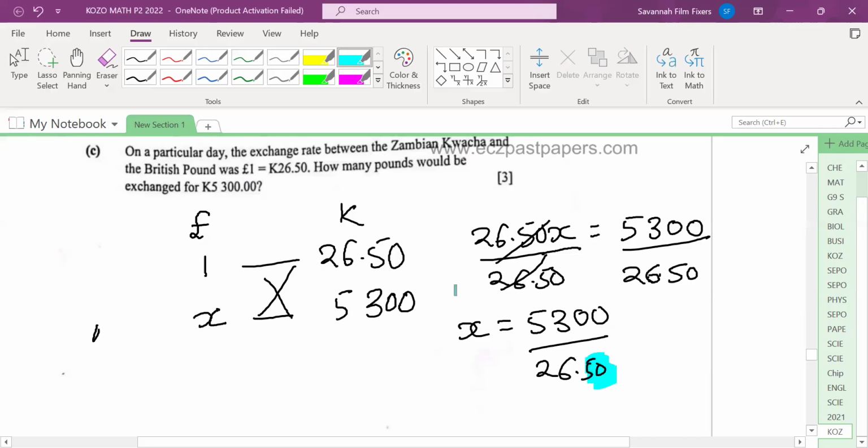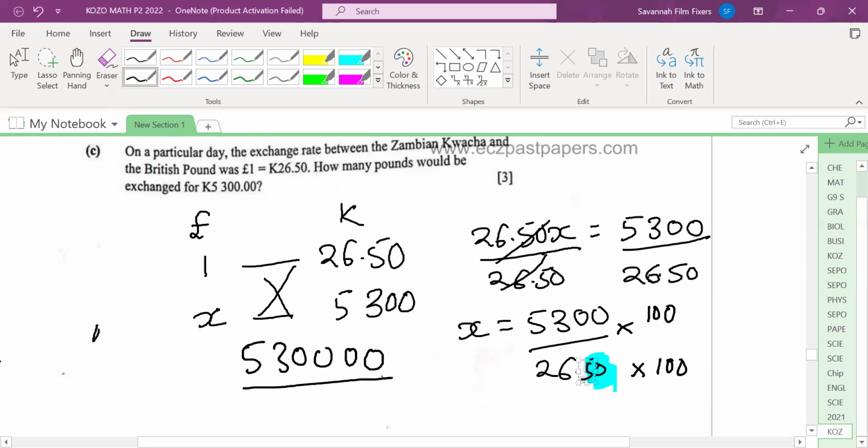So because there are two decimal places, this one is 10, 100. So we have to multiply both the numerator and the denominator by 100. That's when we can now ignore the decimal point. So here it would be 5,300,000 because we've multiplied by 100.